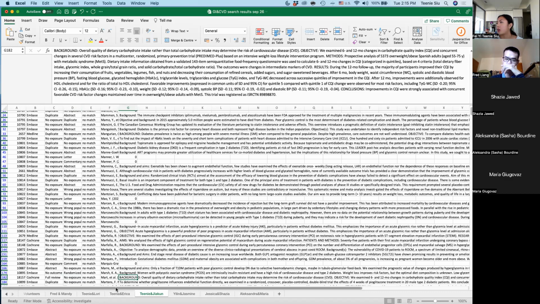If it does give data on glycemic index alone, maybe in the inclusion section they'll say the glycemic index is associated with cardiovascular disease risk with a risk ratio of something, then I'll include that. But you've got to see the paper to double check, because maybe it's in the supplemental. It doesn't mention it here.